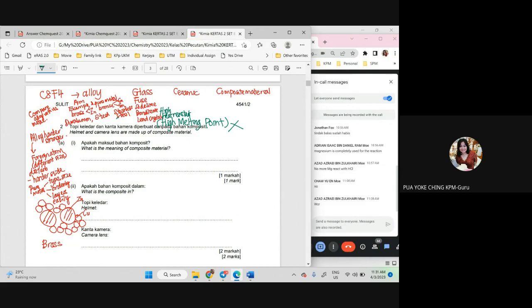Next, ceramic. So ceramic, you need to know their properties. And then in this ceramic, there's a new subtopic, which is your advanced ceramic. Okay, your advanced ceramic, your tungsten carbide ring. Yang itulah kena baca balik. Okay, composite material. You have your reinforced concrete.